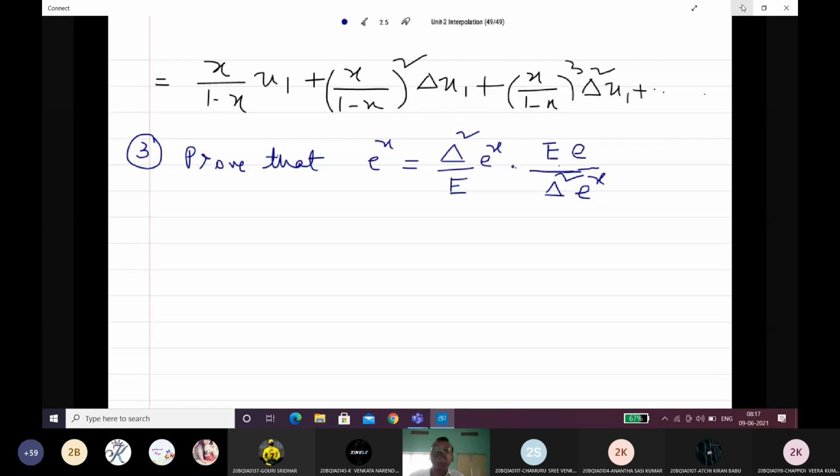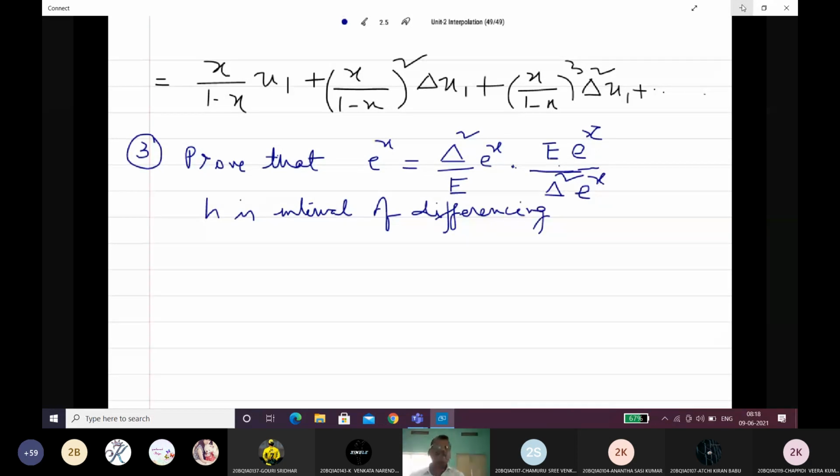Now let us see the solution, where h is the interval of differentiating.